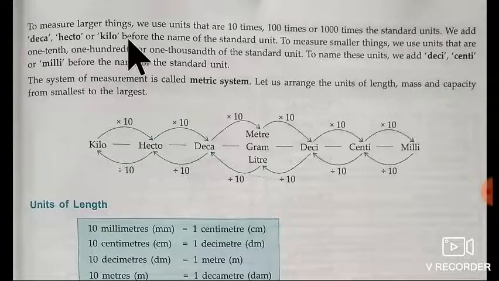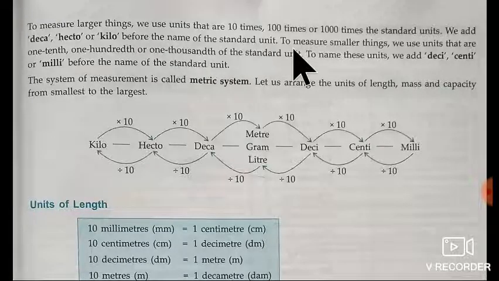To measure larger things, we use units that are 10 times, 100 times, or 1000 times the standard units. We add deca, hecto, or kilo before the name of the standard unit.